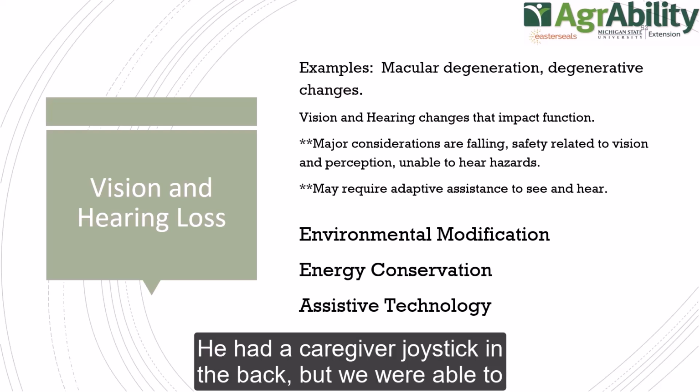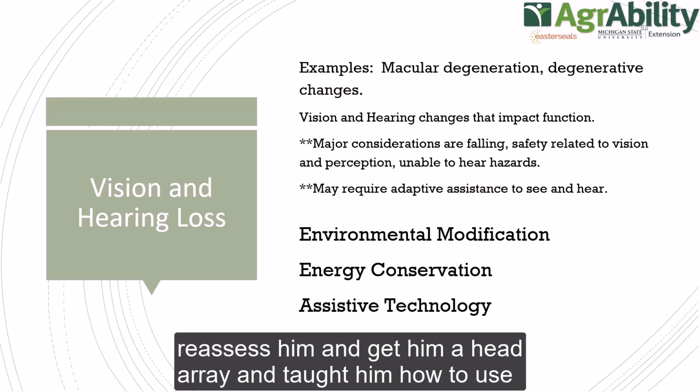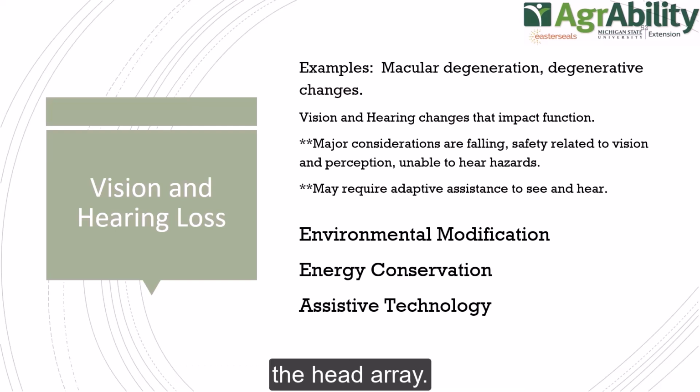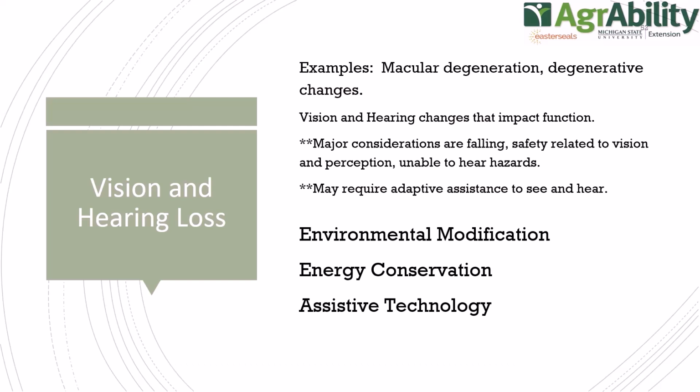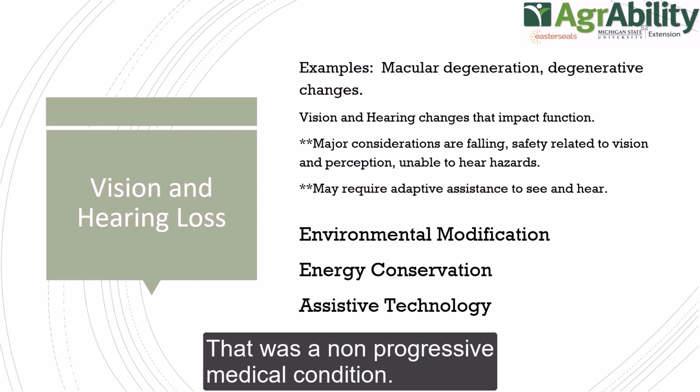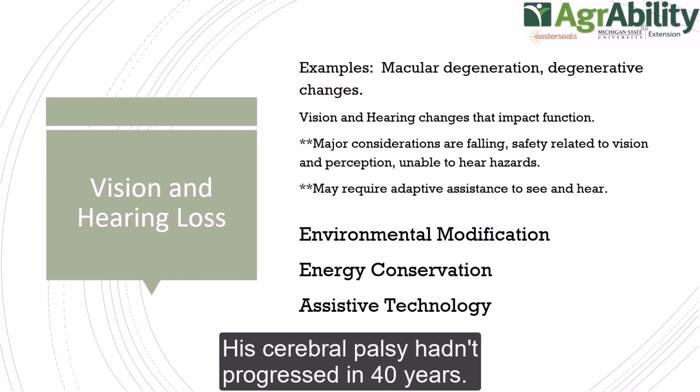He had a caregiver joystick in the back, but we were able to reassess him and get him a head array and taught him how to use the head array. And so he's been now successfully using that for a couple months. That was a non-progressive medical condition. His cerebral palsy hadn't progressed in 40 years.